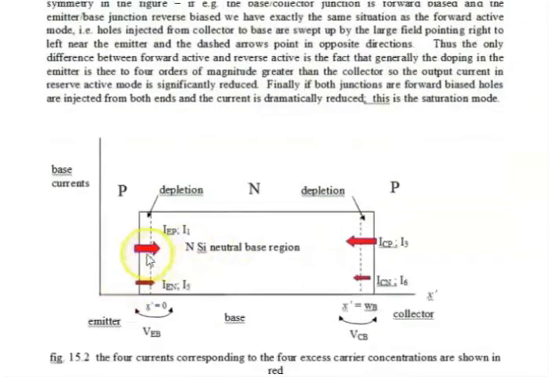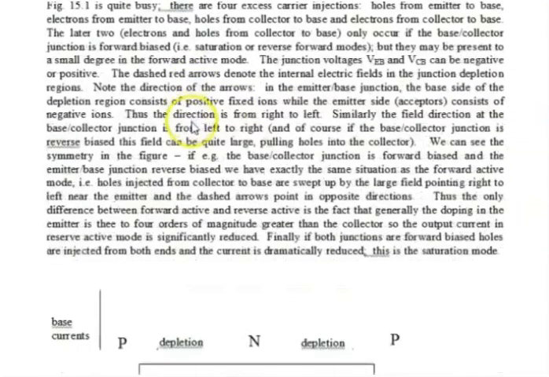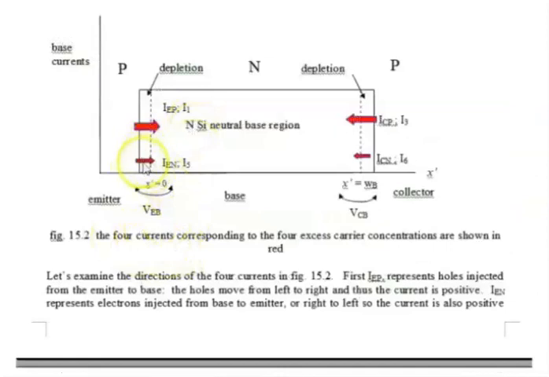We have 4 currents. The first one is from the holes injected from the emitter into the base. That comes from here. Then we have an electron current here. Notice that the flow of electrons goes from the base to the emitter. Therefore, the current goes in the opposite direction, because these are holes, and the current goes in the same direction as the current due to the holes which are injected from the emitter into the base.